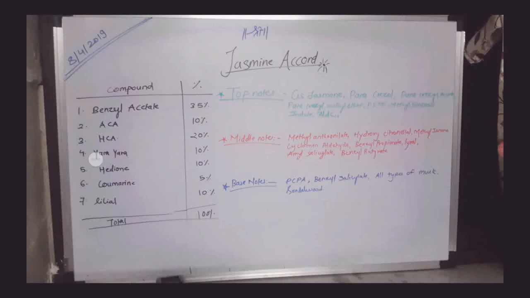In the base note, we can add PCPA, benzyl salicylate, all types of musk, and sandalwood. I would suggest that you add sandalwood in a rose accord, because it is more compatible with the rose accord than with jasmine. As per your convenience you can add this.